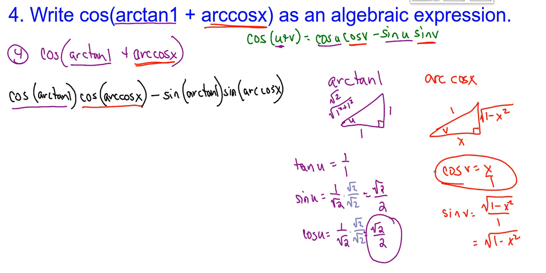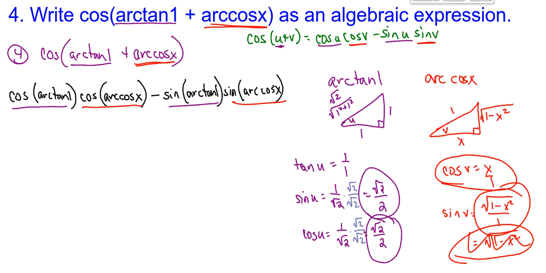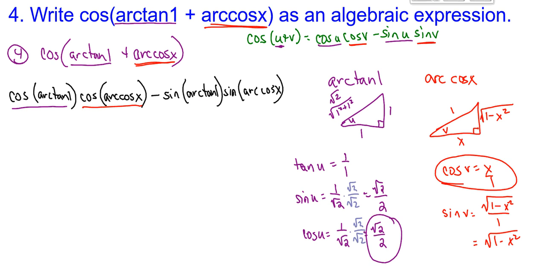That should make sense to us because it's the cosine of the arc cosine of x. We'll leave that minus sign there, and then the sine of the arctangent is that square root of 2 over 2, and the sine of the arc cosine of x is the square root of 1 minus x squared. Actually, I will write it as a fraction, because everything else is a fraction, so that will help me understand things as I go.